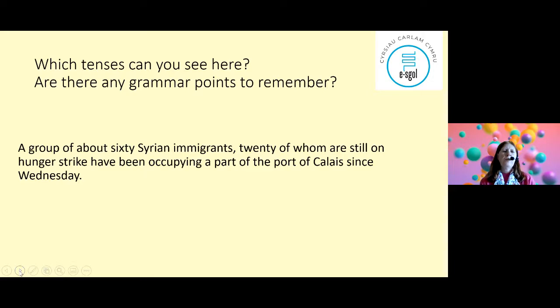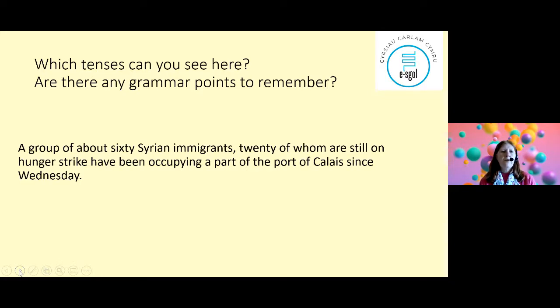So this is what you should be doing with each part of your translation. Before you actually translate, you need to spend the time using the checklist and looking at tenses to make sure that you translate the tenses correctly and to see if there are any specific grammar points which need to be looked at as you translate each sentence, so each short paragraph.